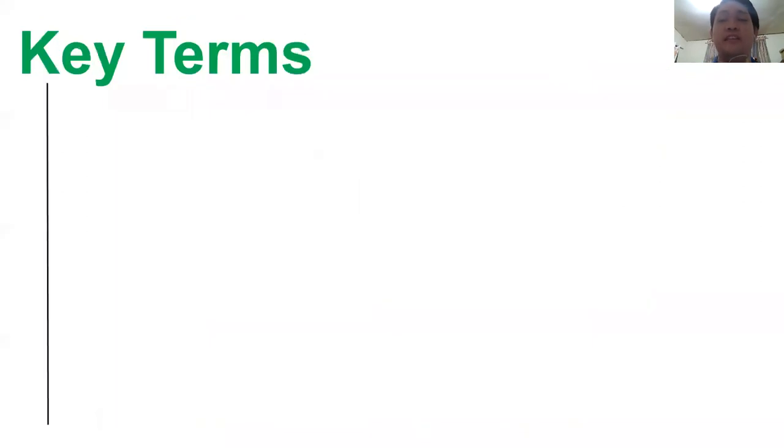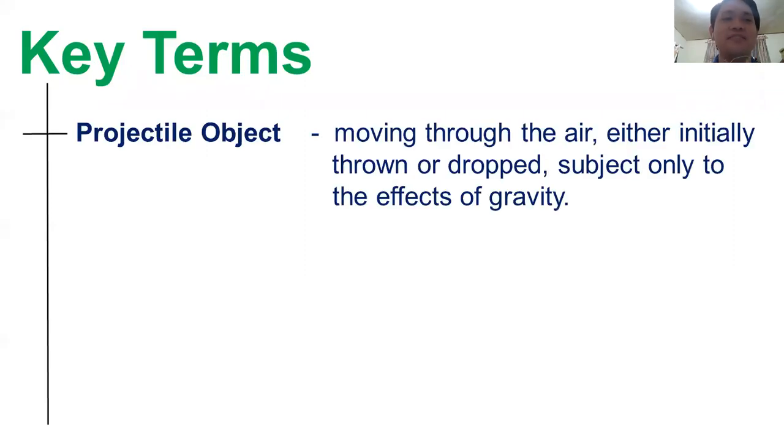But before anything else, we have key terms that we need to be familiar with in this topic. What are these key terms? Let's start with projectile object. What is a projectile object, class? When we say projectile object, these are objects moving through the air, either initially thrown or dropped, subject only to the effects of gravity.